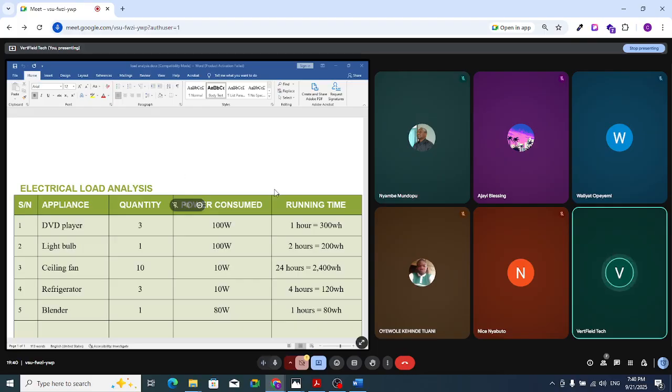Now, what is an electrical load analysis? Electrical load analysis is a calculation, a series of calculations which tells you your energy need.